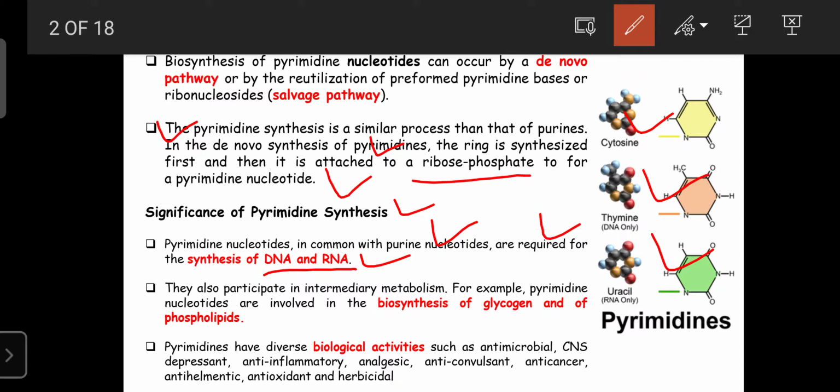Even the DNA and RNA of microorganisms are involved in causing disease, or in the progress or growth of the disease.